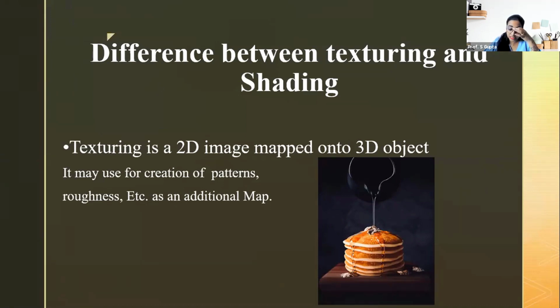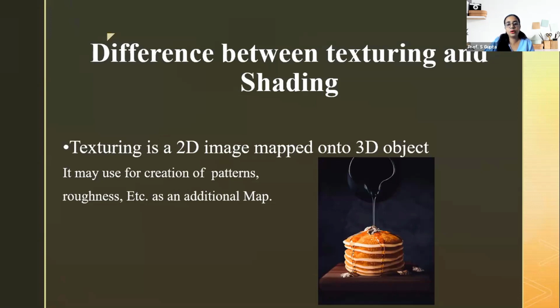The first thing is shading. Shading includes nothing of a 2D image, none of the maps, none of the things to be taken from outside the software. You have to use all the attributes present in the software itself.